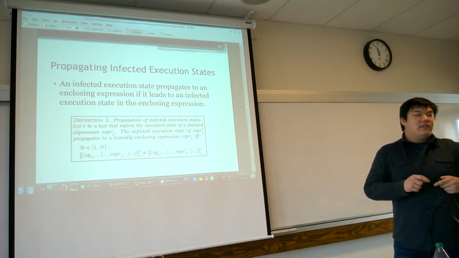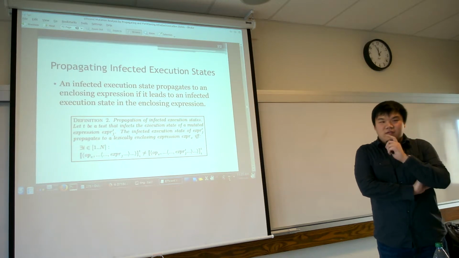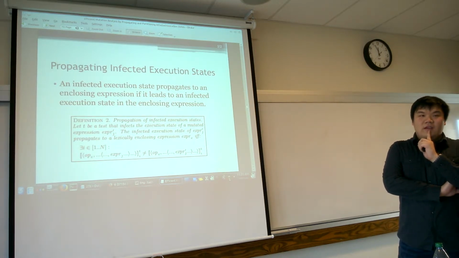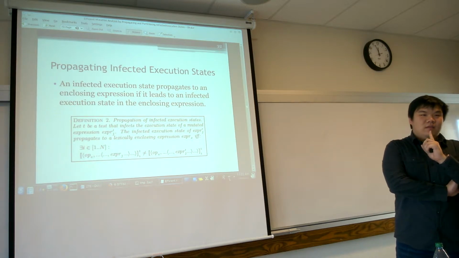Because it's not just what was changed that's infected, but the whole statement. So I think it might be clearer if, with x plus y greater than z, if x plus y gets mutated, and that affects the result of the greater than, then it propagates out.